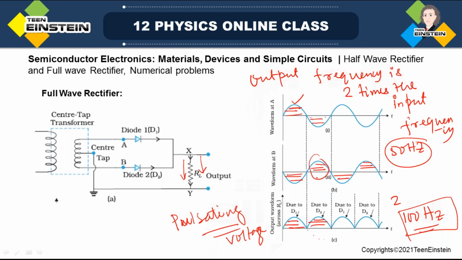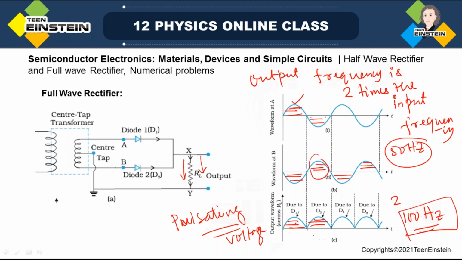So we have seen that we are getting pulsating voltage. If we want to use the output of the rectifier circuit, it is of no use if you just want to light a bulb with this pulsating voltage. What will happen?